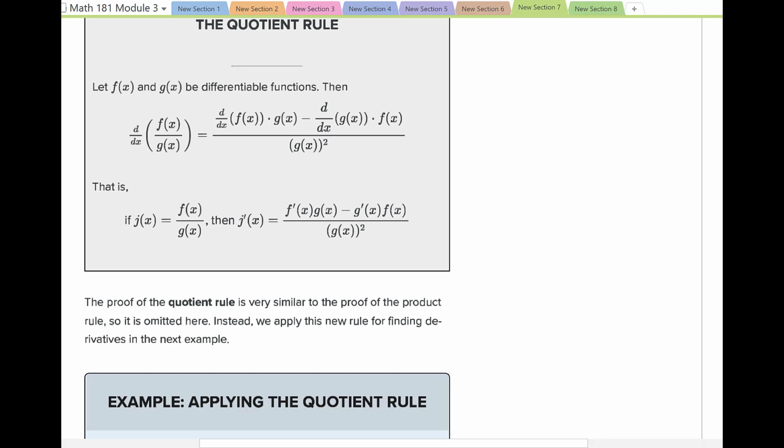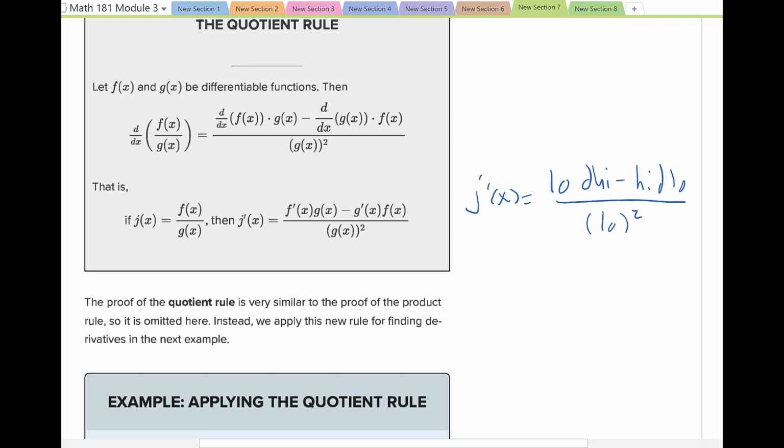There's another way of saying this. J prime of x is low d high minus high d low all over the square of what's below.